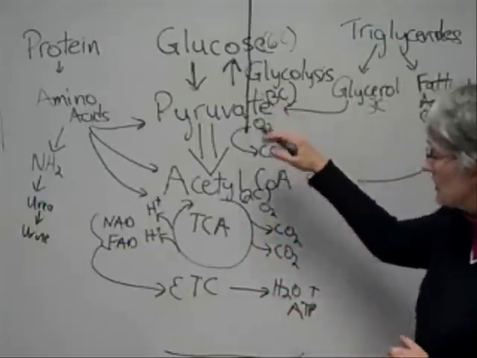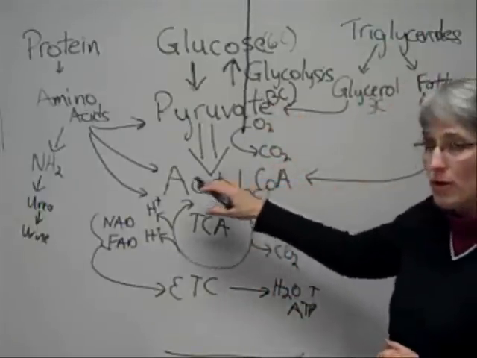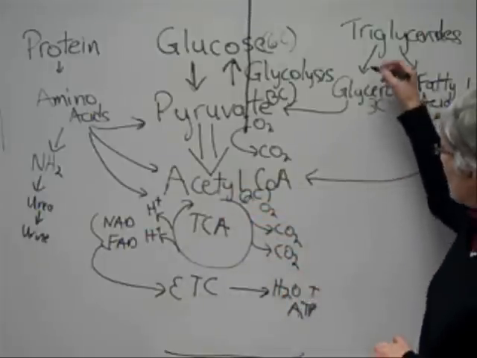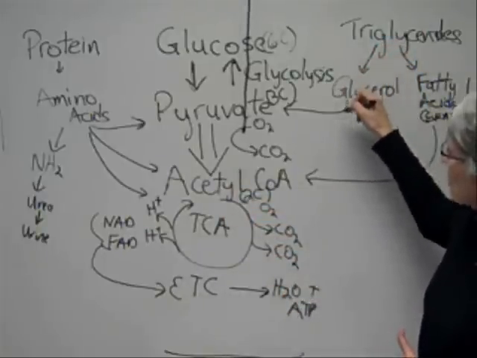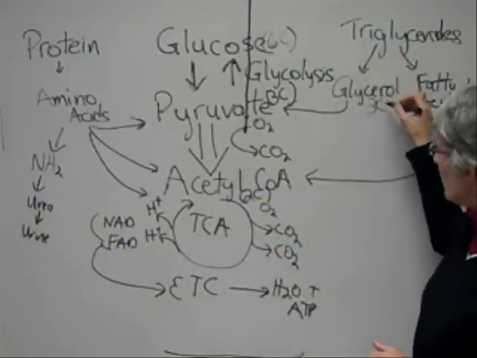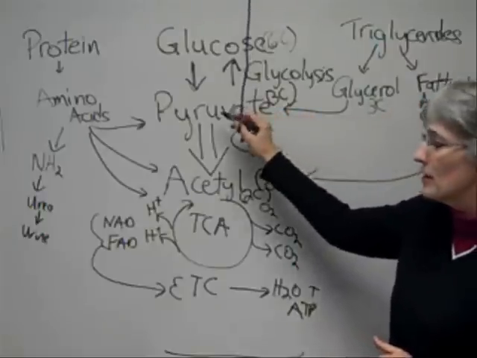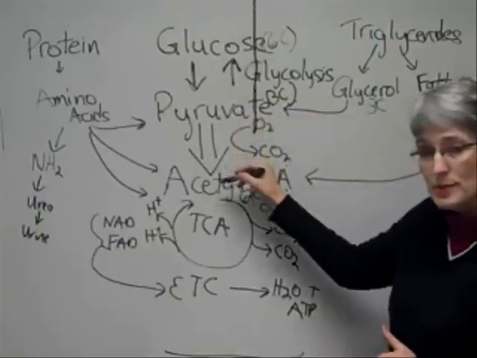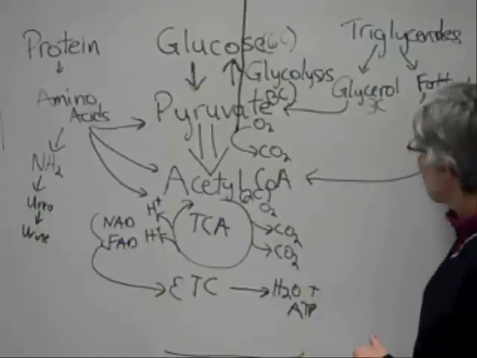And that's specifically because we are going to make them from a 2-carbon molecule. But what we can see here is that we have a 3-carbon glycerol, and it's going to be very easy to bring that 3-carbon over here to pyruvate before it goes to acetyl-CoA. And that's not the case with fatty acids.